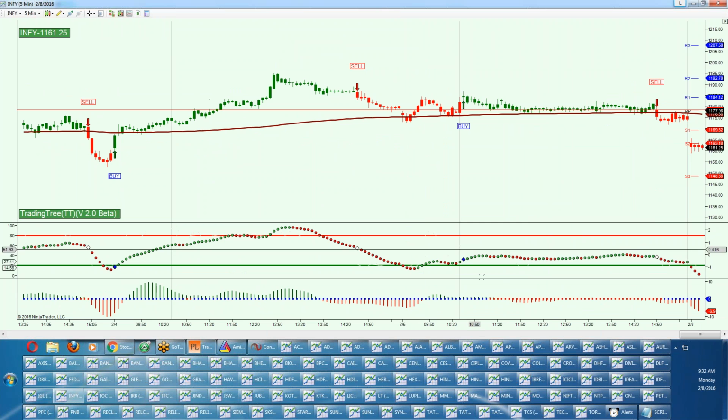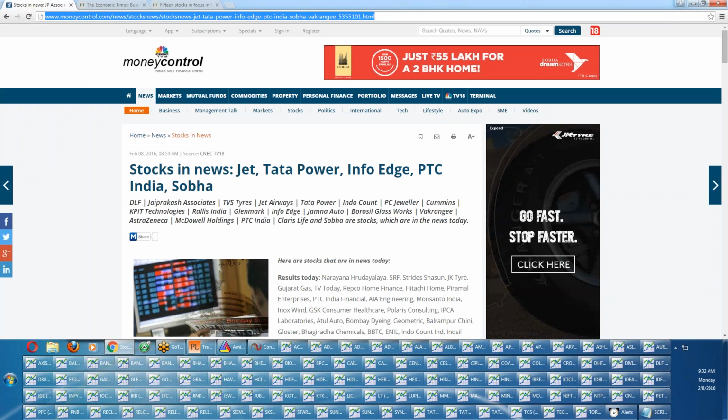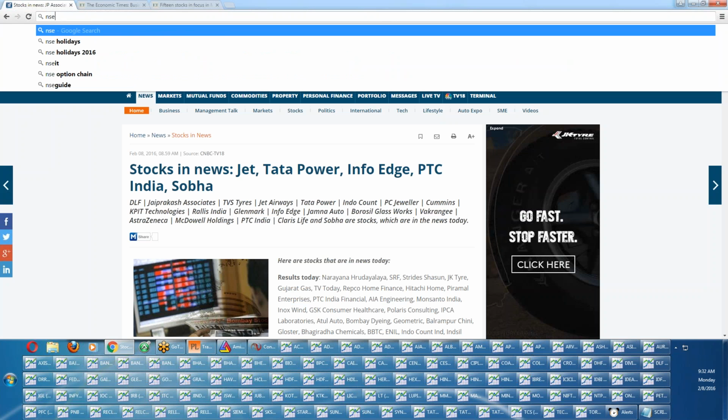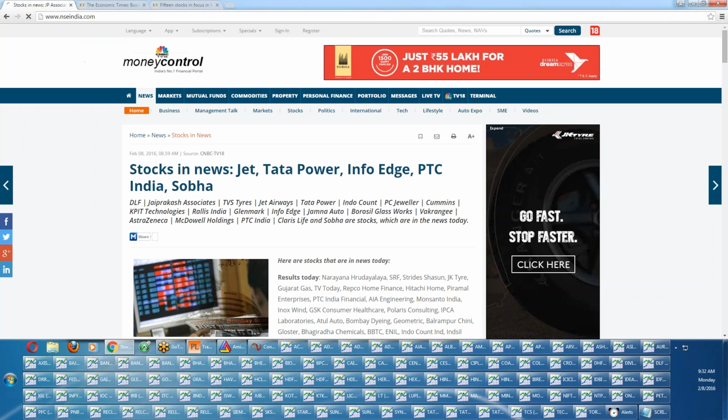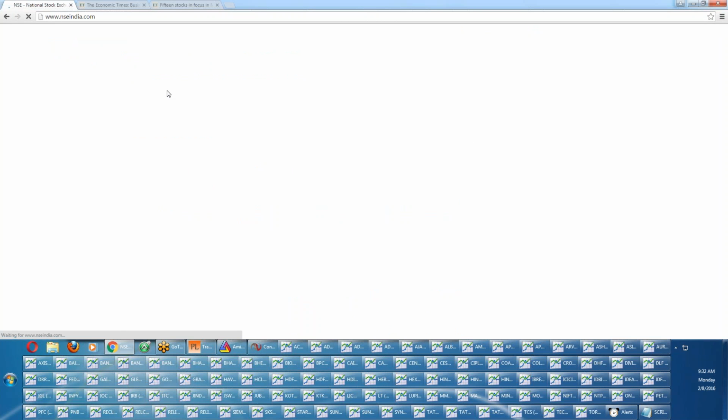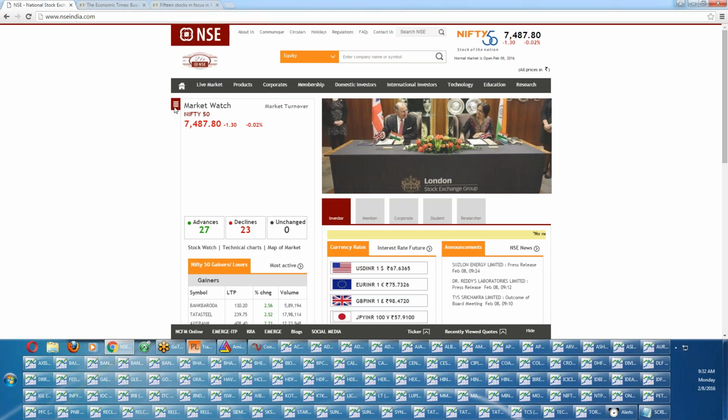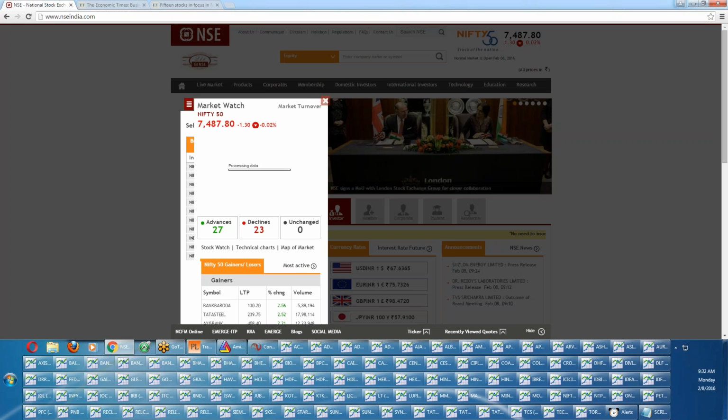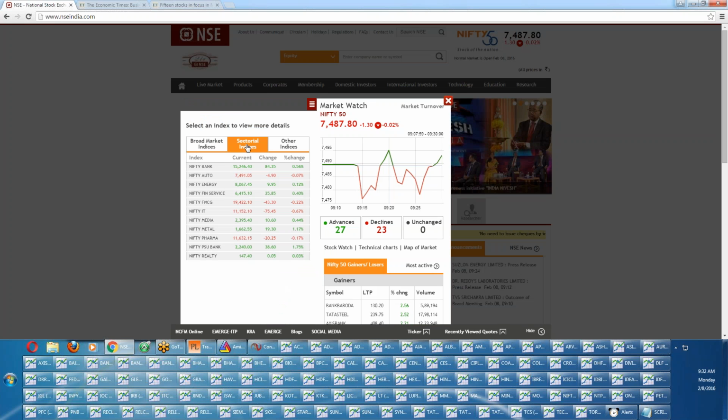So you'll get this particular information here if you just keep track of the NSE website. You just go to the sectoral indices.